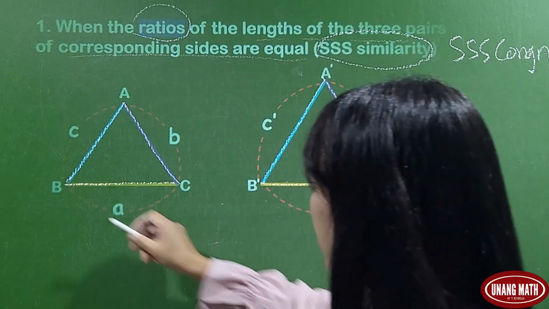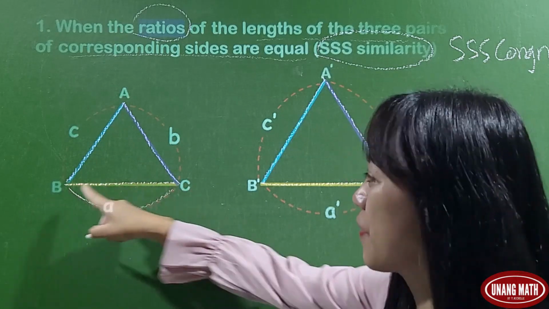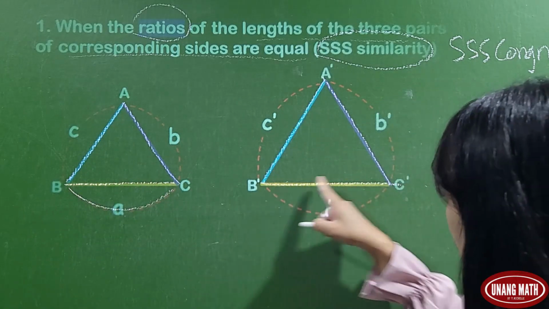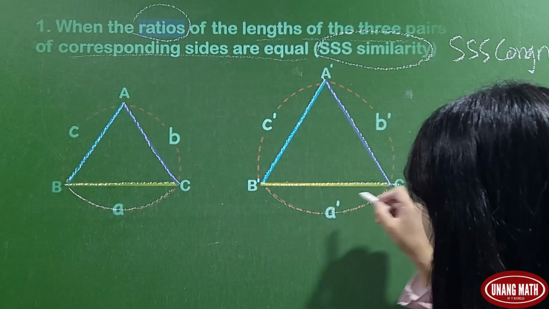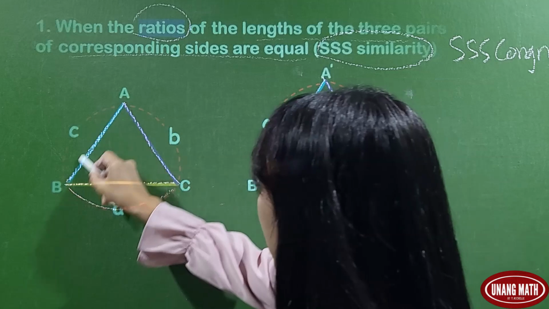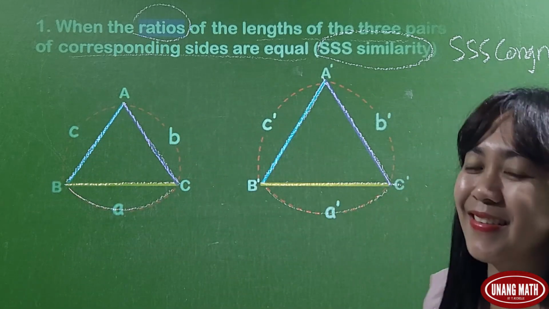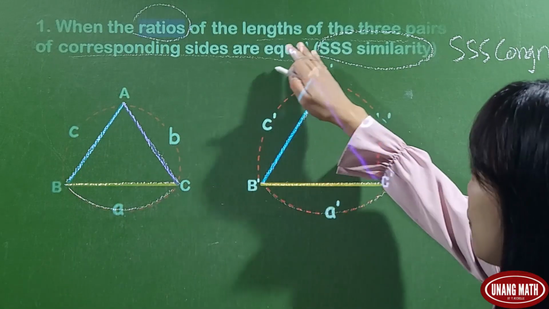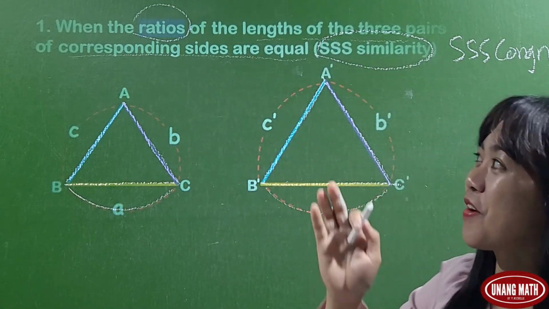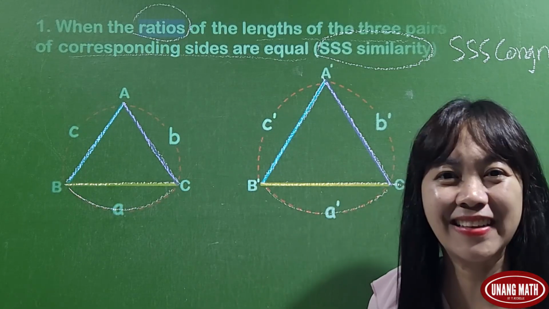So it means get the measure of this side. Let's say, for example, this side corresponds to this side. Get the measure. The ratio must be the same ratio with these corresponding sides and these corresponding sides. So the ratios of the length of the three pairs of corresponding sides are equal or constant.